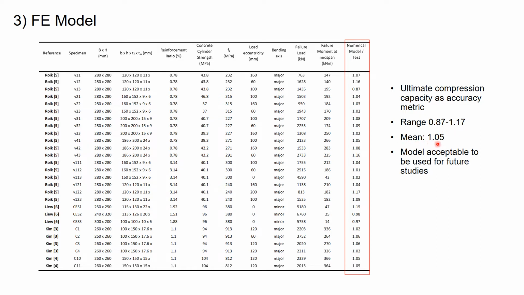So it had a 5% overestimation on average between the finite element model and the real test results. But we deemed it acceptable to be used for future studies. So in the upcoming comparisons, these finite element model results are not used except for showing the load path. But this model can be used in the future for our research.